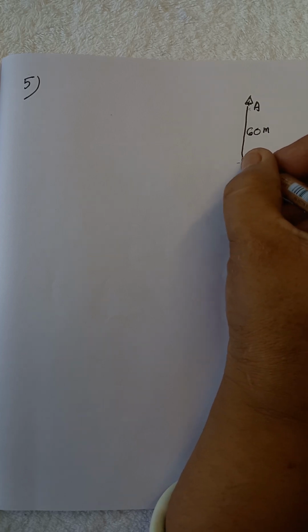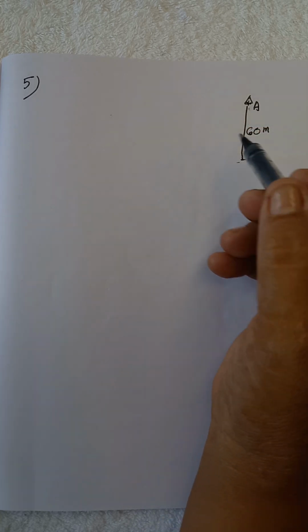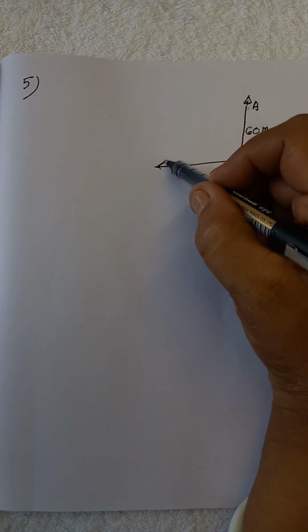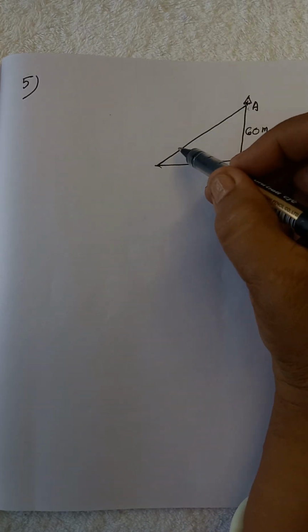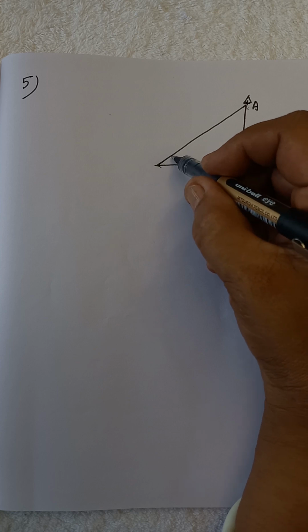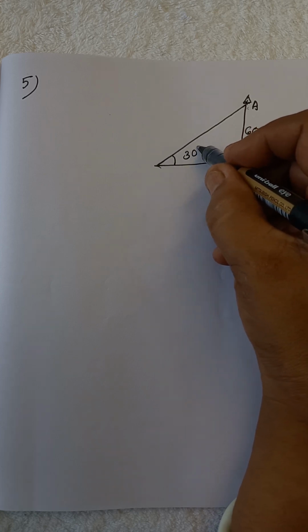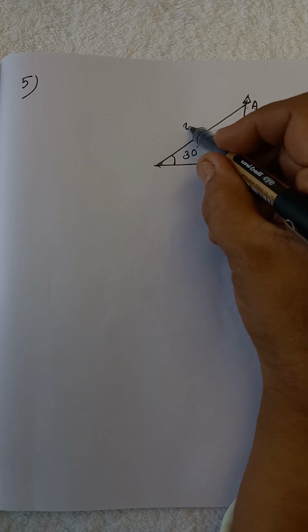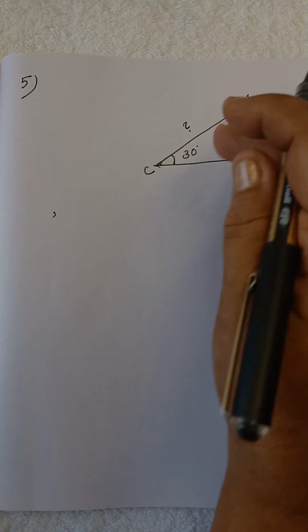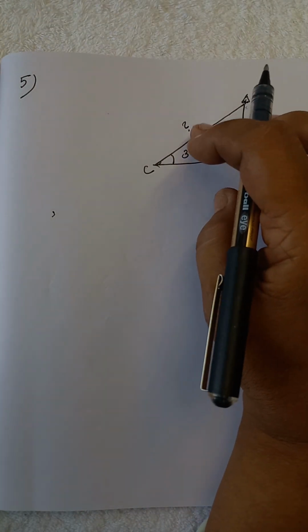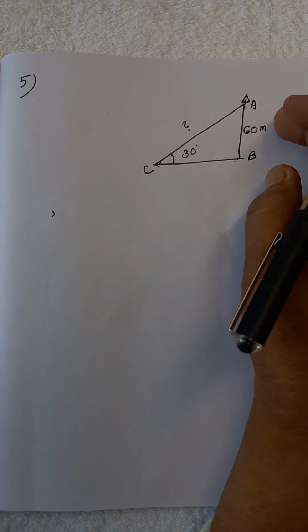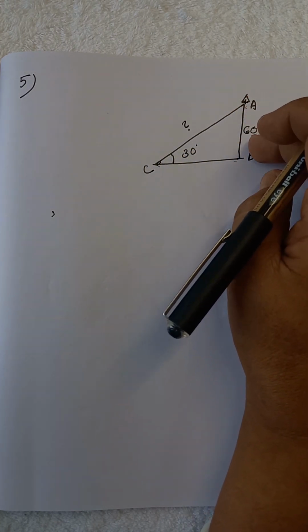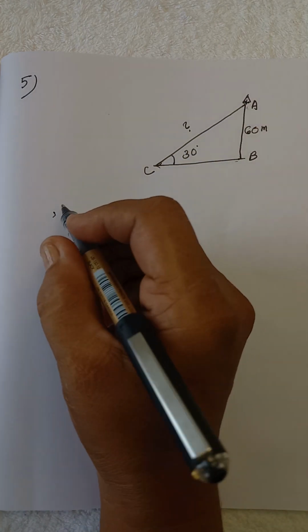So this is the point B, and that is on the ground, and the angle the string makes with the horizontal is given as 30 degrees. We want to find out the length of the string. So this is the point C. This side is given, this angle is given, and this side we want to know. Which relation can we take connecting the opposite side, hypotenuse and an angle? The sine relation.